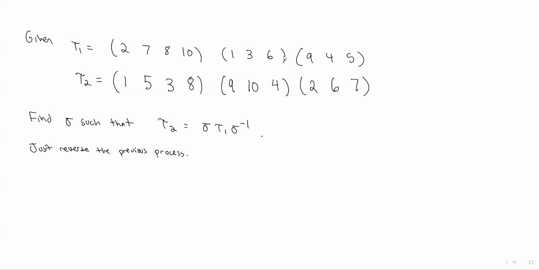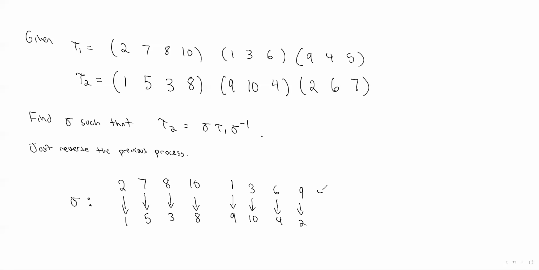So I'll just make sigma send 2 to 1, 7 to 5, 8 to 3, 10 to 8, 1 to 9, 3 to 10, 6 to 4, 9 to 2, 4 to 6, and 5 to 7. It's the obvious choice. Now if I apply sigma to tau 1, replacing each element in each cycle with its image under sigma, I'll get tau 2. I chose the sigma exactly so that happens.